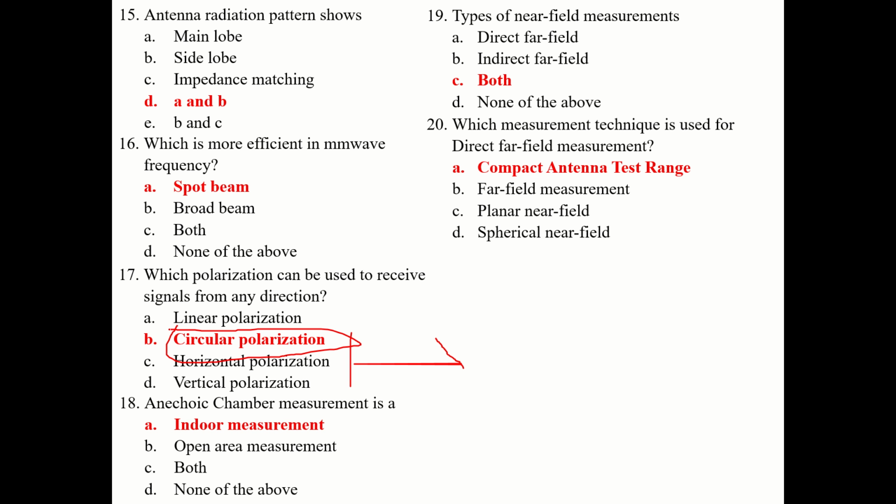In conventional far field, we keep the DUT antenna at a far field distance, but direct far field measurements are done at a shorter distance.